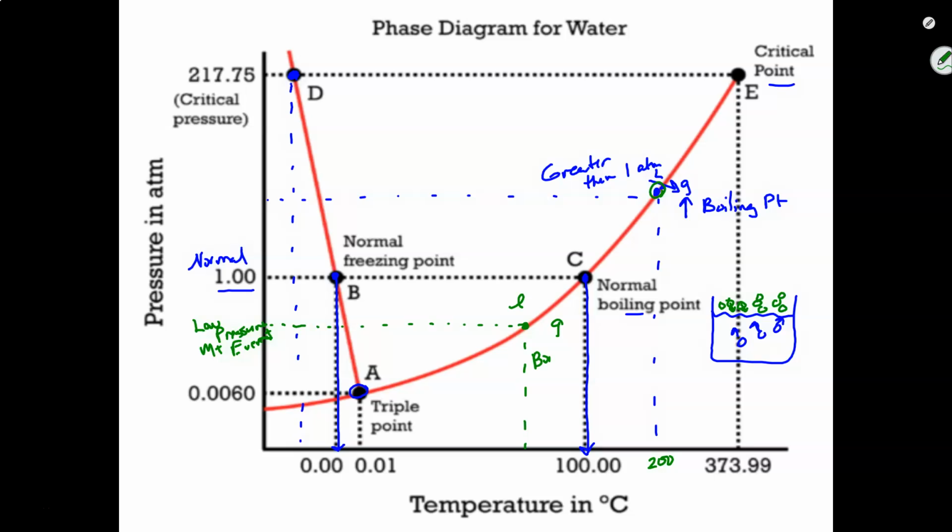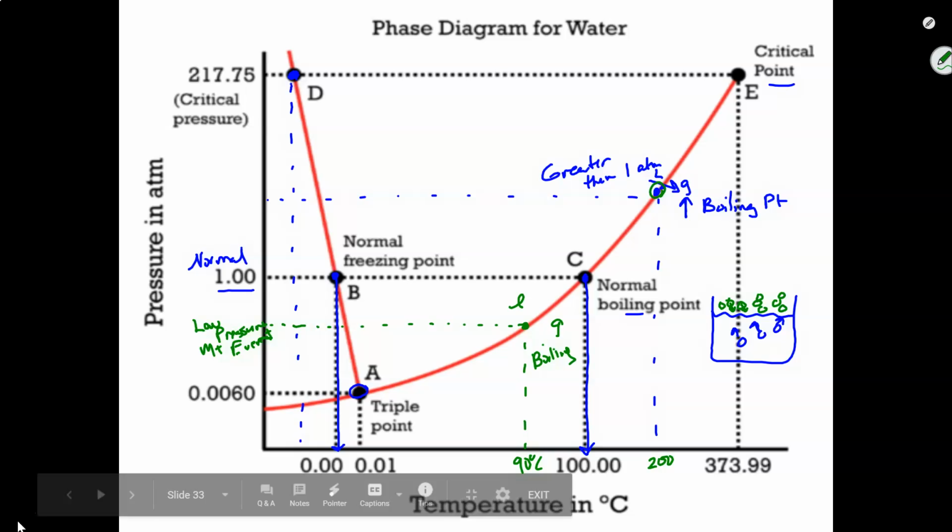The boiling point would be lower, so let's say it's 90 degrees Celsius. So that means I could get water on Mount Everest to boil at 90 degrees. Well, since the temperature is lower, it's storing less heat. It would take longer to cook things. So if I was making pasta, I'd have to boil it for a longer period of time.